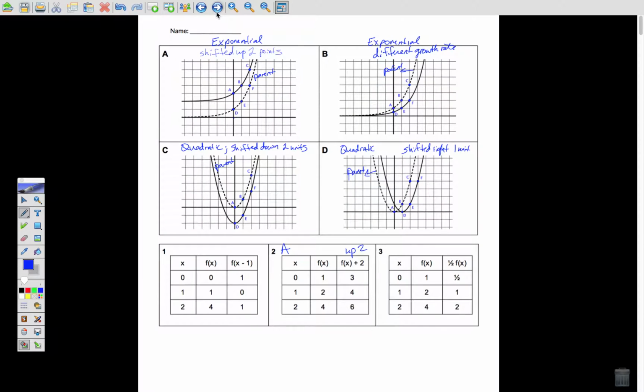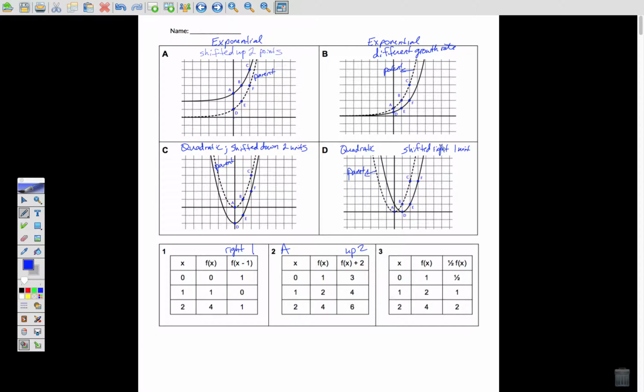And then for the next one, since we added 2 on the outside, let's go to the inside of the parentheses. Hopefully you remember when something is added or subtracted inside the parentheses, it moves it left or right, and it's the opposite. So if I subtract 1, it's going to shift it to the right 1 unit.